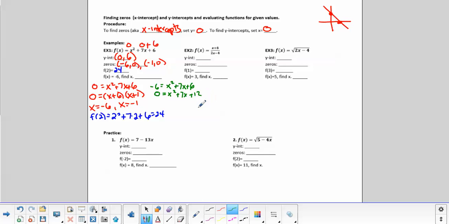And now I need two numbers that multiply to 12 and add to 7. Those are 3 and 4. So 0 equals (x plus 3) times (x plus 4). And then my solutions to this one are negative 3 and negative 4.